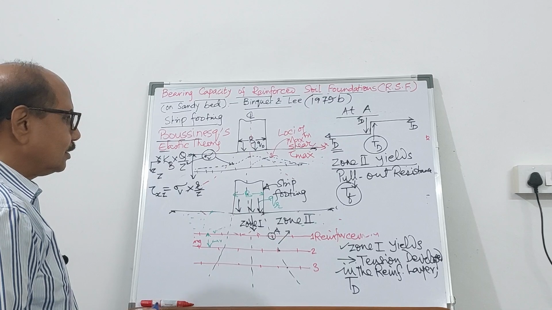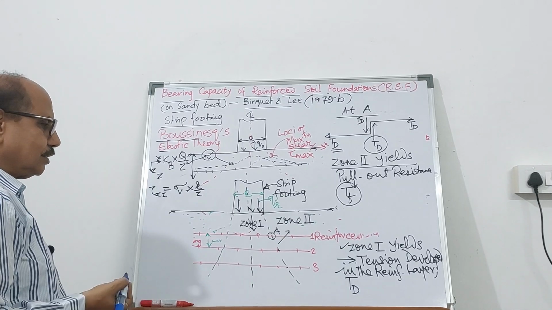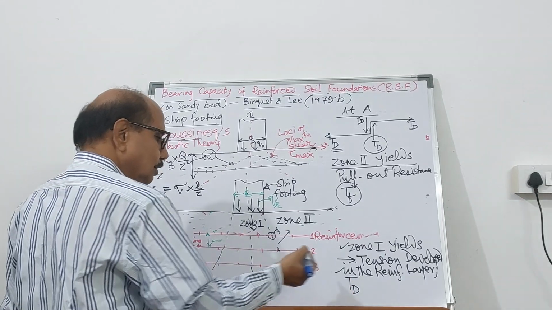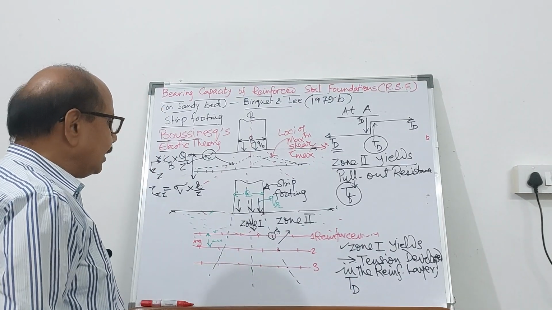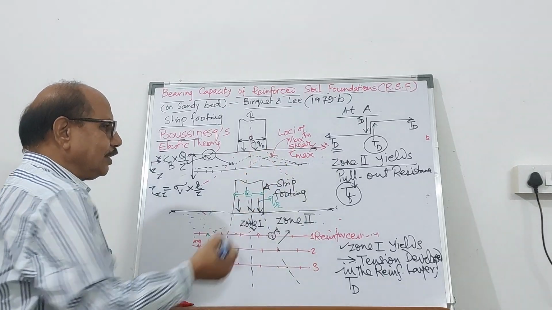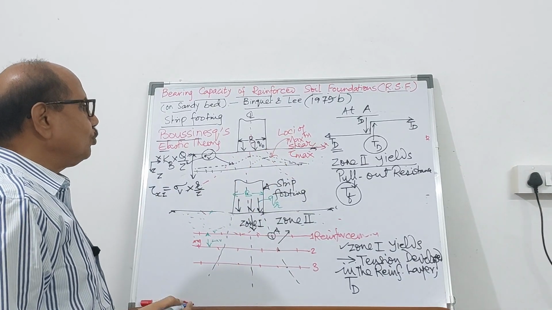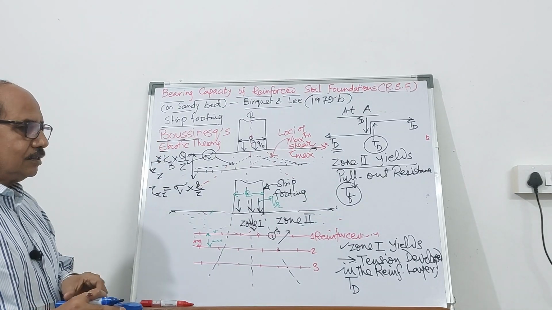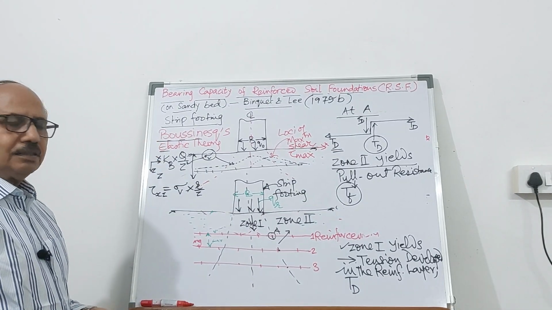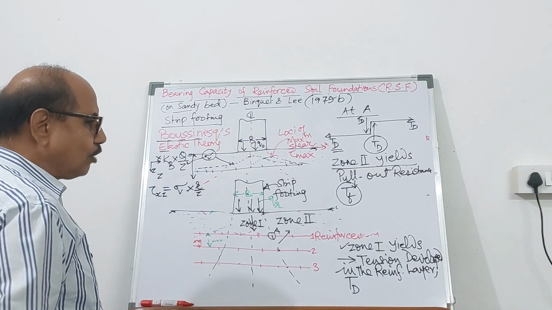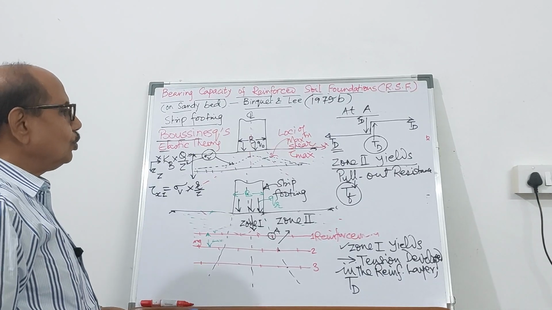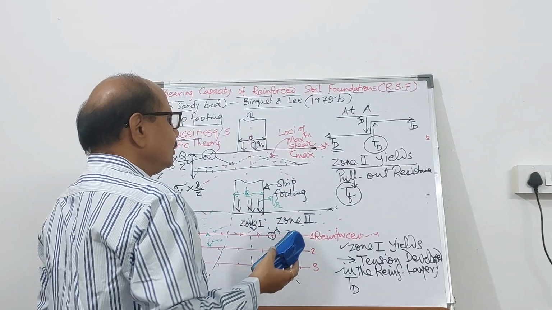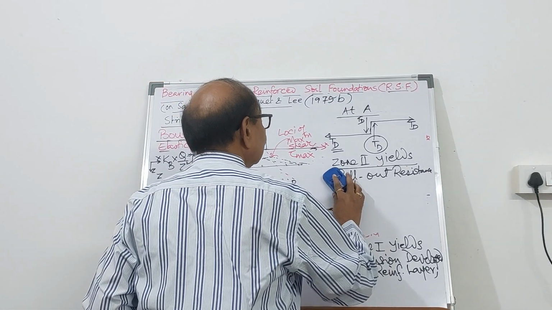So friends, how to compute this? Zone 1, TD, the vertical pressure and the shear. How to compute that? The answer lies here. You have the Boussinesq equation, and this equation gives you two non-dimensional quantities, I and J.